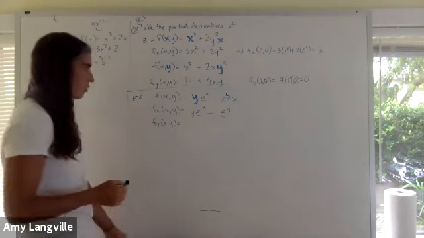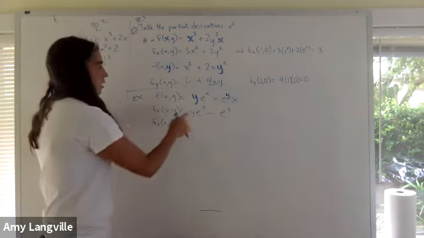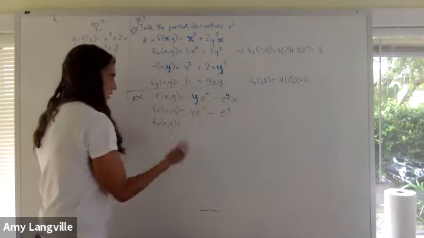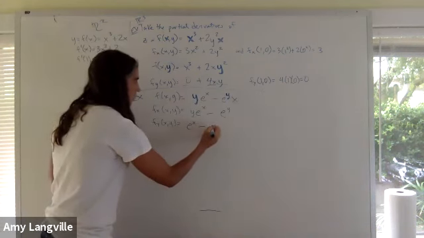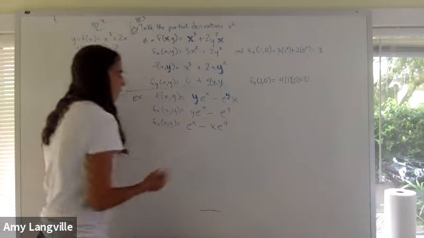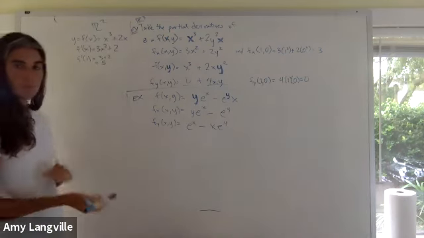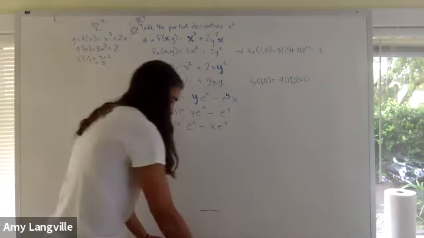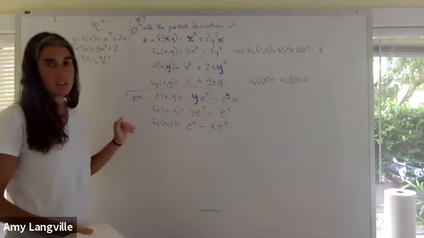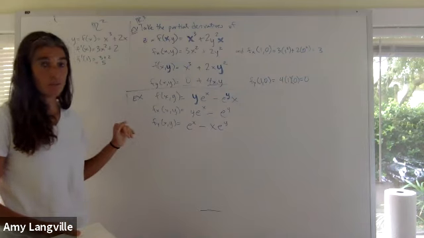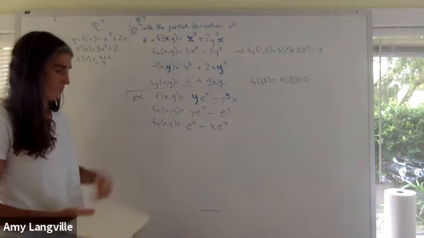Okay, so when I take my partial with respect to y, it's just carrying along this constant, so I'm just going to get e to the x minus x e to the y. Cool. All right, so that's our first skill that we need in this chapter, taking partial derivatives of functions.